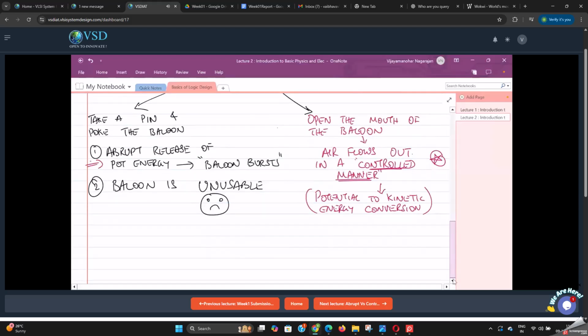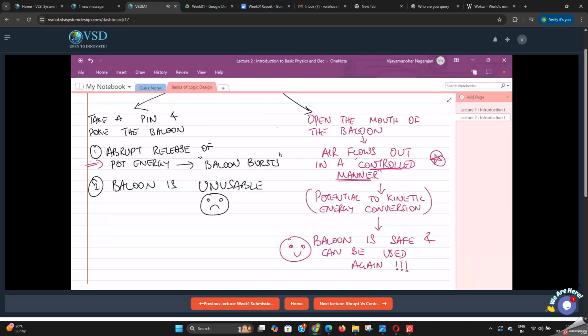Now the most important point: the balloon is safe and can be used again. Correct? Are you guys understanding the difference between this?